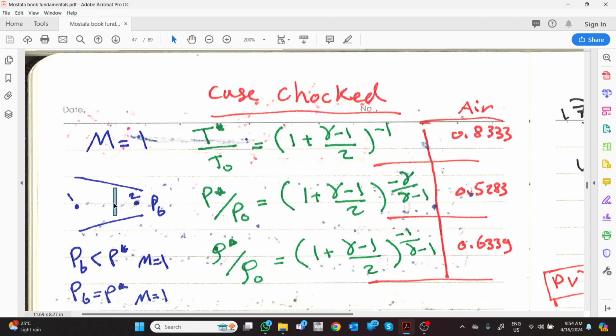So this slice, to know that after it there is a decrease in the area, a pressure wave needs to act, which means more restriction is happening.